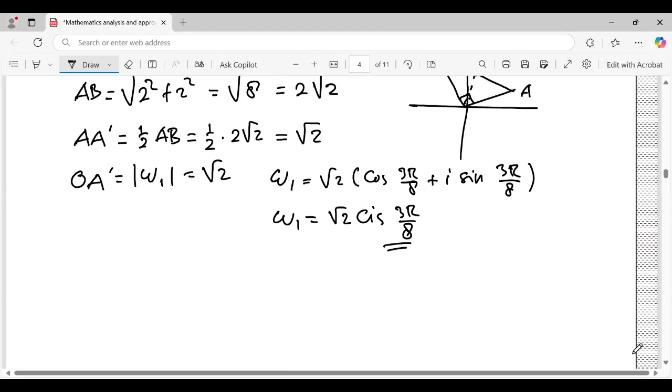Based on the statement in the question, w^p equals 2^q. w is square root 2, so square root 2 to the power p equals 2 to the power q.